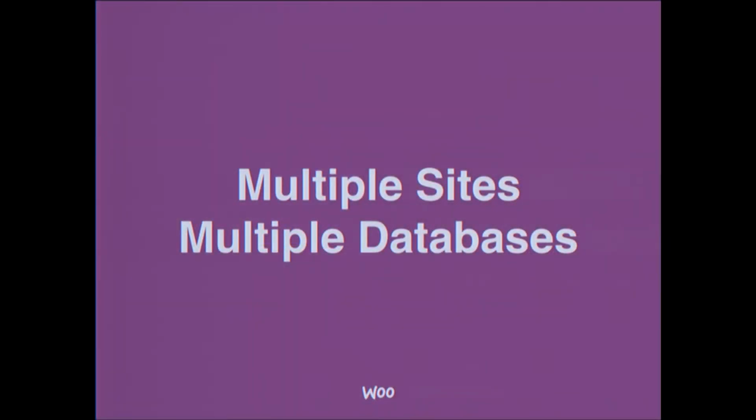So one of these: multiple sites, multiple databases, right? So what if you had a single place that you were shipping from, but you're selling in the US, and also in the UK, and maybe also Brazil, and Australia.